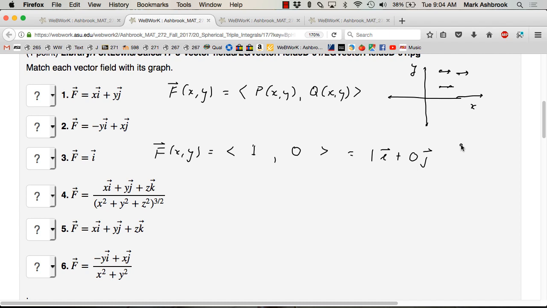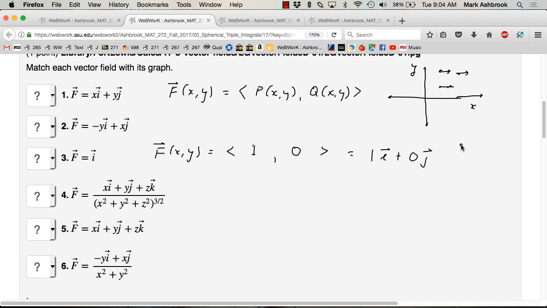It's like a river flowing east at a constant speed everywhere, 1 foot per second or something like that. No matter where you are in the river, the current is 1 foot per second directly east. That's an example of that vector field.